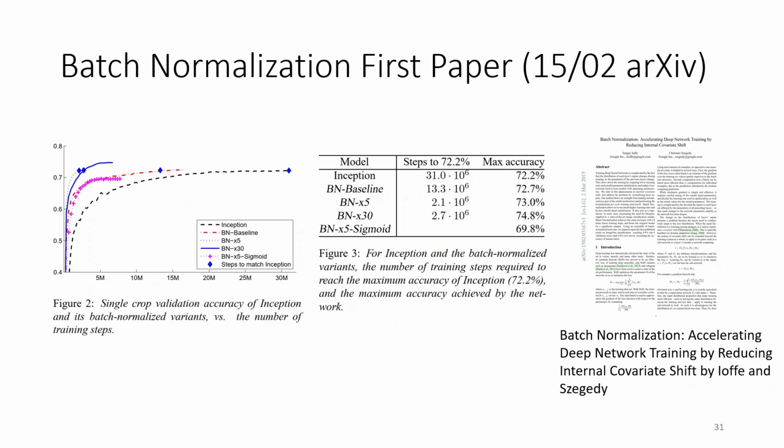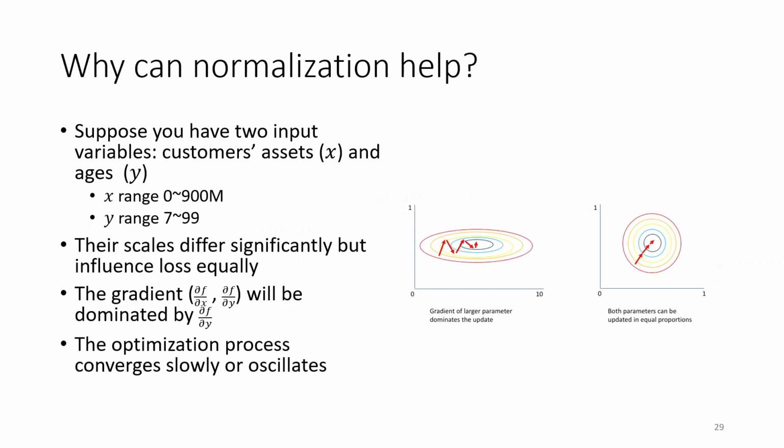All right. From their experiment results, you can see when they set a very large learning rate, say 30 times, they need more steps to converge. Let's go back to this slide. It is very similar to this case.